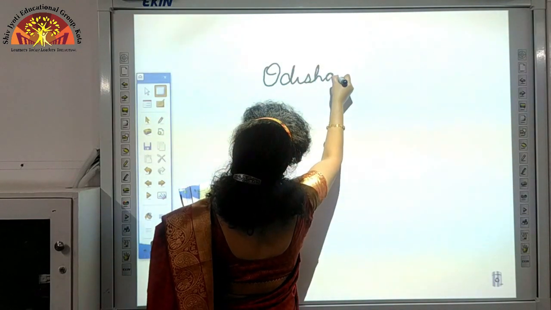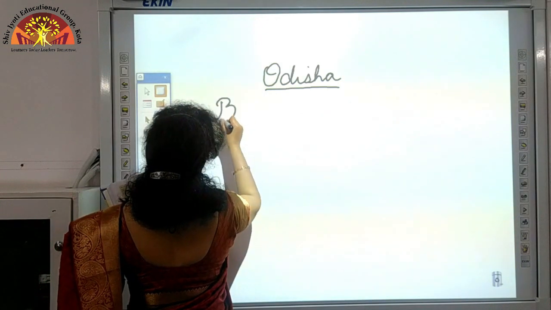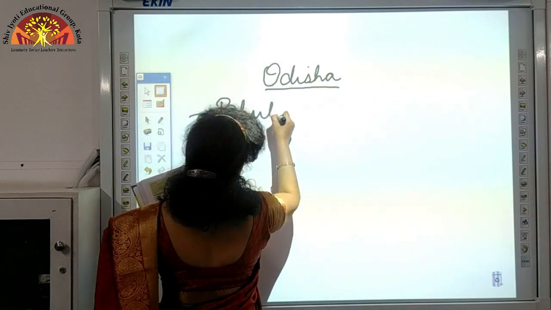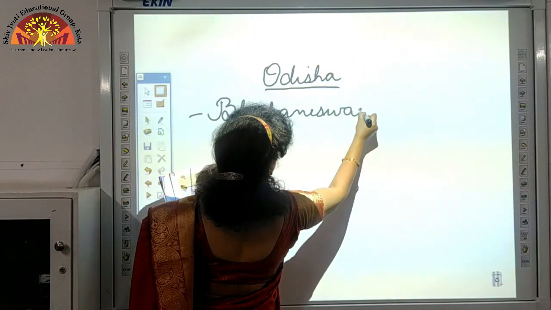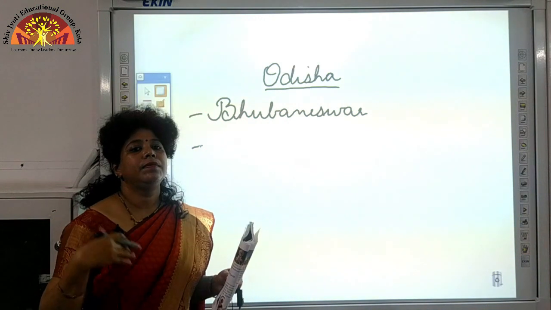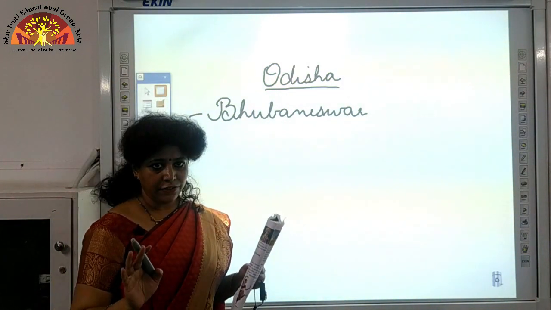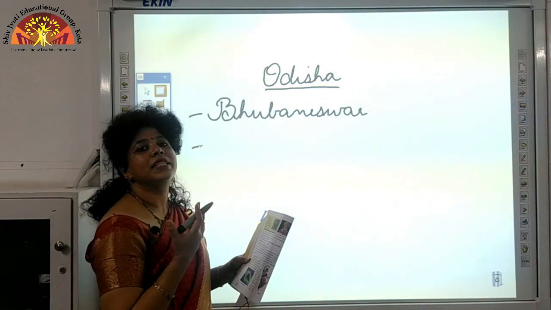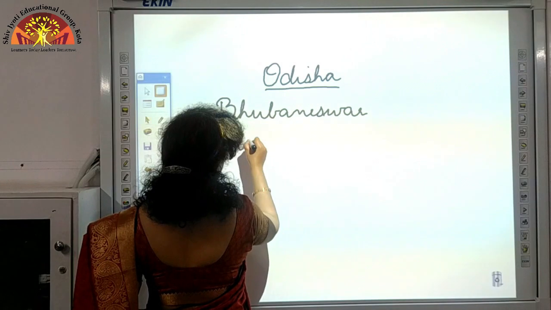So which is the capital of Odisha? Bhubaneswar is the capital of Odisha. Okay, and like I said before, in the eastern coastal plains a lot of deltas are formed, and the delta formed in the state of Odisha is called the Mahanadi river delta.